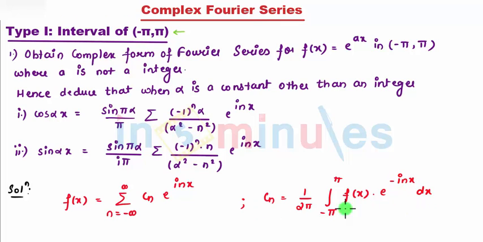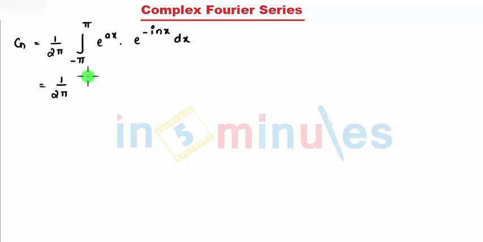So let's first find c n. Now I go with c n equal to 1 upon 2 pi, integral from minus pi to pi. My function is e raised to ax into e raised to minus i n x dx. Now students, let's solve this integration.